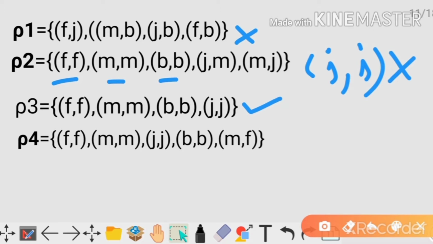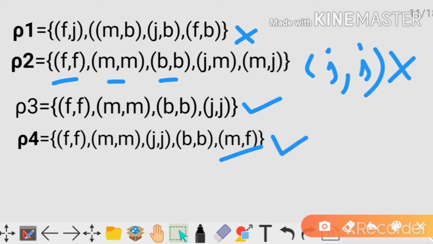And for rho 4, it contains all the identical elements but one extra element. Does this extra element bother the reflexivity? The answer is no. It may contain more elements than required, but it must contain all the identical elements of its domain set. So it is also reflexive.